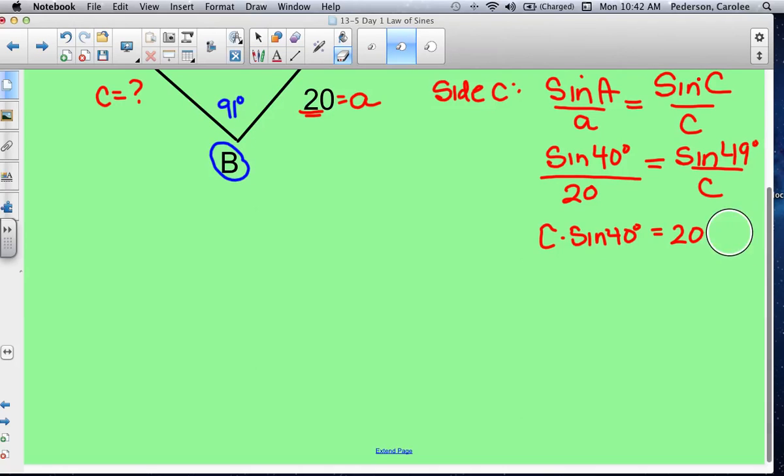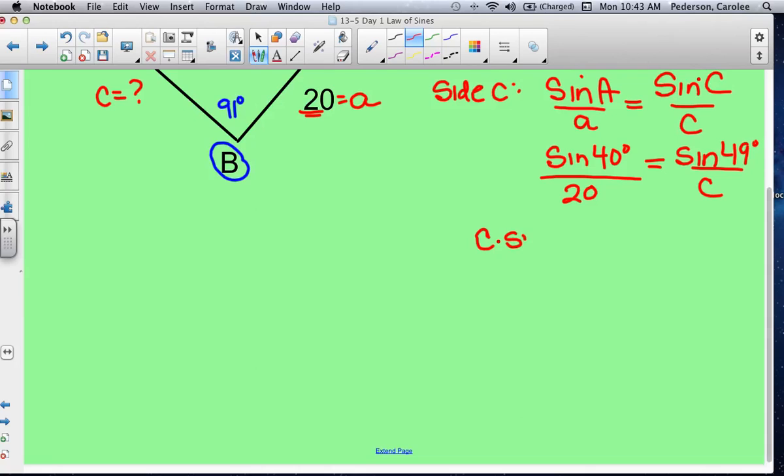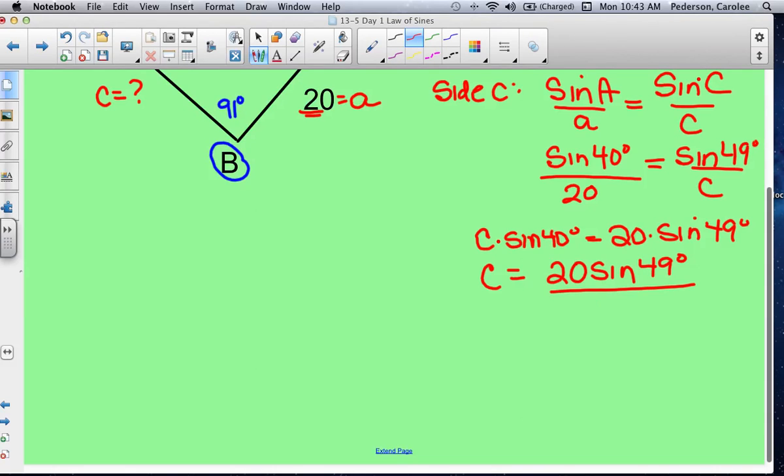Kind of got squished, so I'll just write it off to the side a little bit more. So C times the sine of 40 degrees equals 20 times the sine of 49 degrees. Now we solve for C, so I'm just going to divide both sides by the sine of 40 degrees. Now we have C by itself.